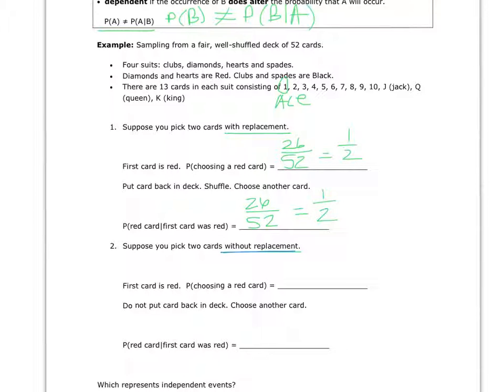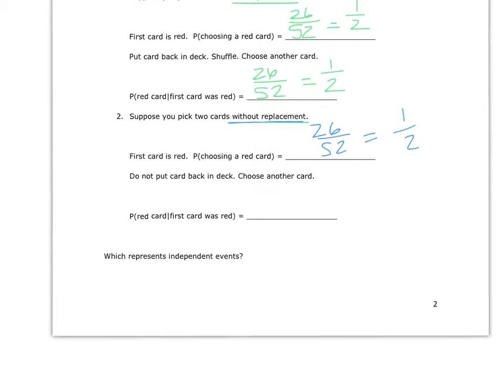All right, now let's look at the scenario where we choose two cards, but this is without replacement. The probability of choosing a red card the first time around is the same as what we got before, 26 over 52, which is equal to 1/2. Now, without replacement means that we're going to pick the next card without putting the first one back and shuffling.